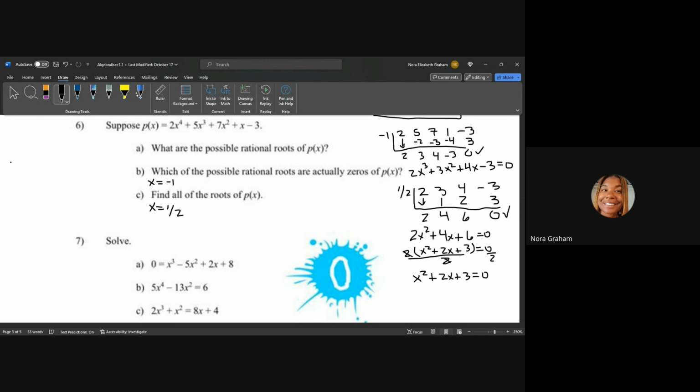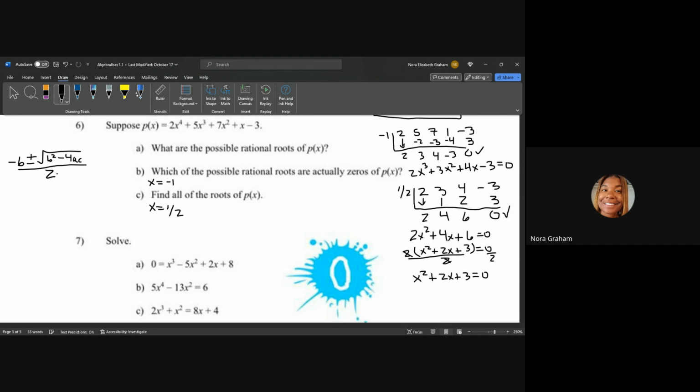The quadratic formula is negative b plus or minus the square root of b squared minus 4ac, over 2a, just in case you forgot that formula.